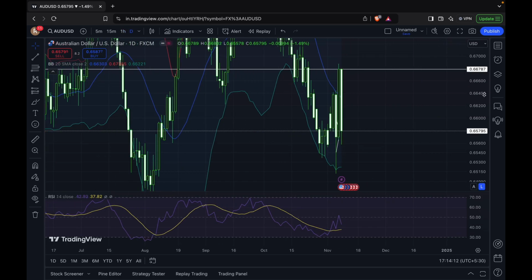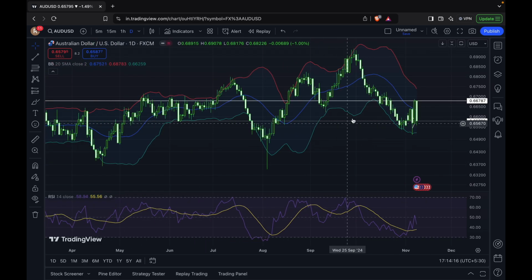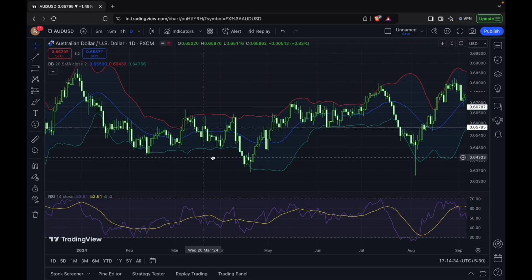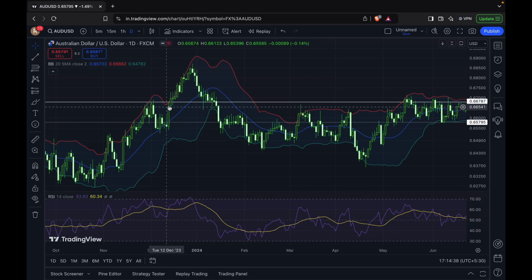So the very first thing that I noticed on the daily time frame chart was the 66787 level, and 100 to 200 pips above and below that was quite a zone. Price had a tendency of being supported or resisted at this zone, and you can see this at multiple instances throughout the chart.